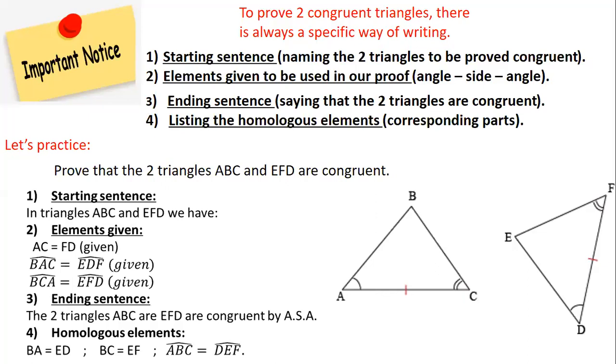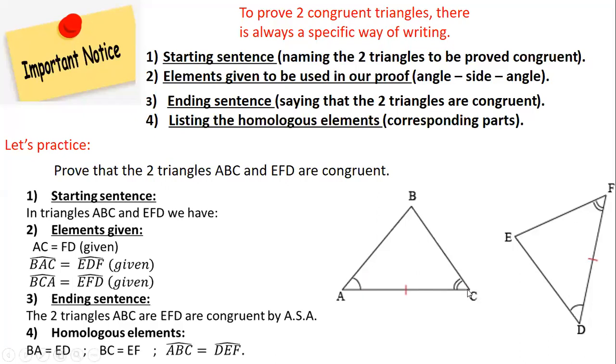Yes, Laris. Adnan said that side AC is equal to side FD by given. Now we should find the adjacent angles. Name an adjacent angle on side AC, Laris, please. Laris, this is side AC.